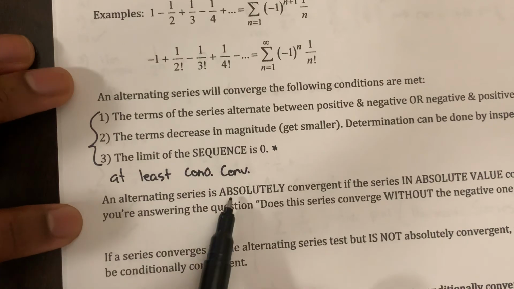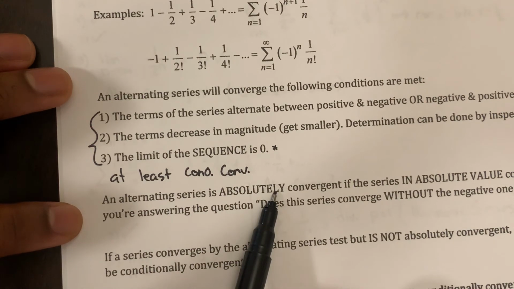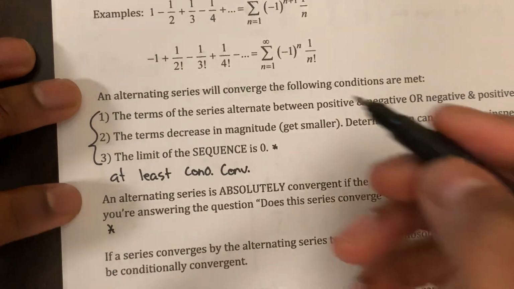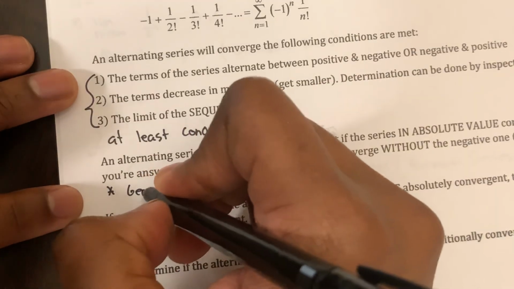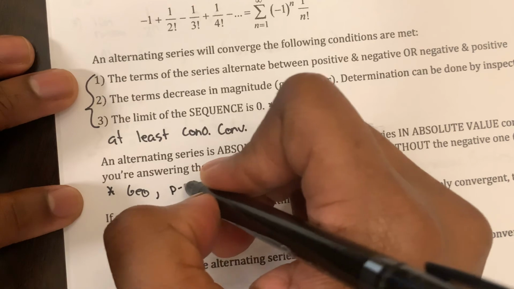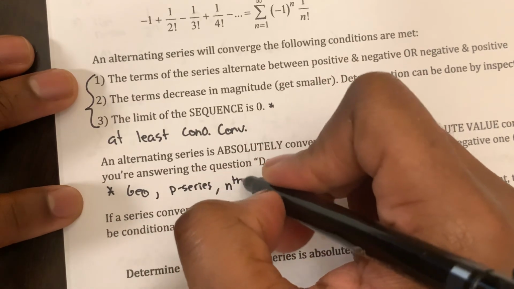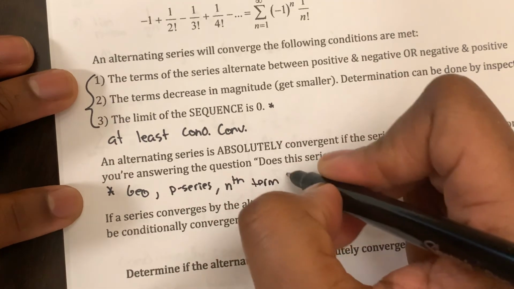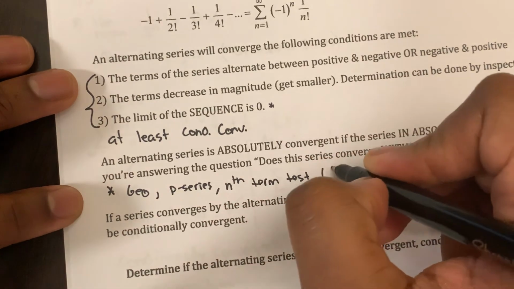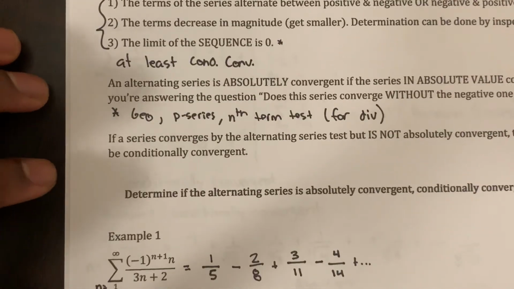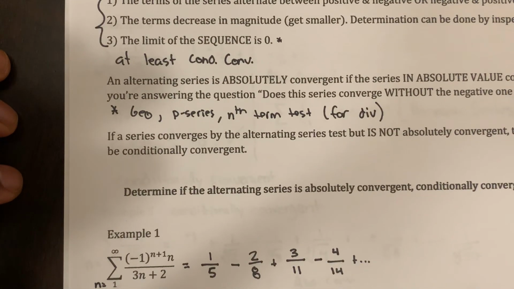But then if you check for absolute convergence, you're going to be using all the other tests that we know. So far we know geometric series, we know p series, and we know nth term test. Now remember, the nth term test is just for divergence, not necessarily convergence.